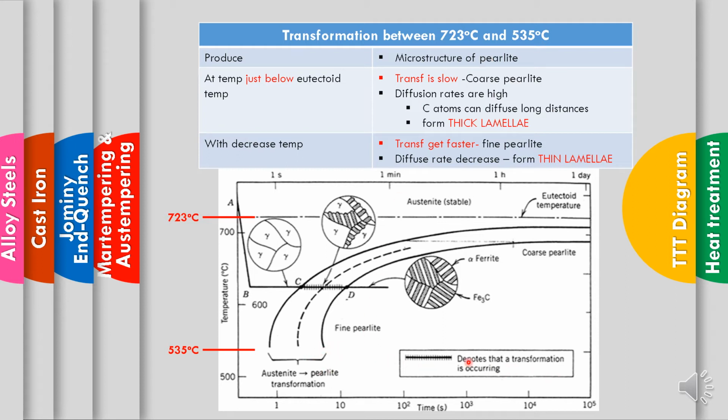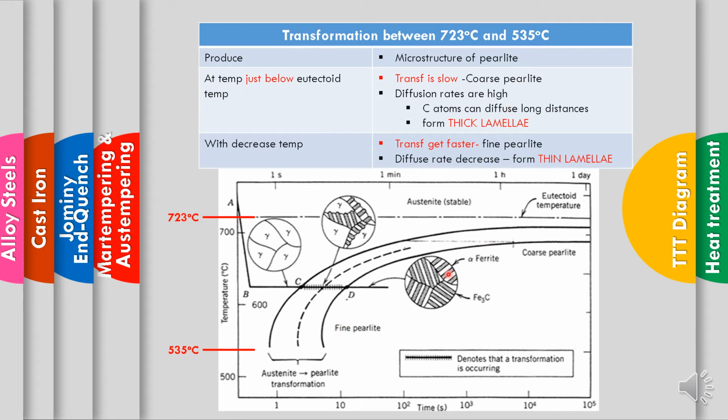This region is basically upper 535 to 723. This is the pearlite region, where at temperatures just below the eutectoid temperature, below this line, the transformation is very slow.